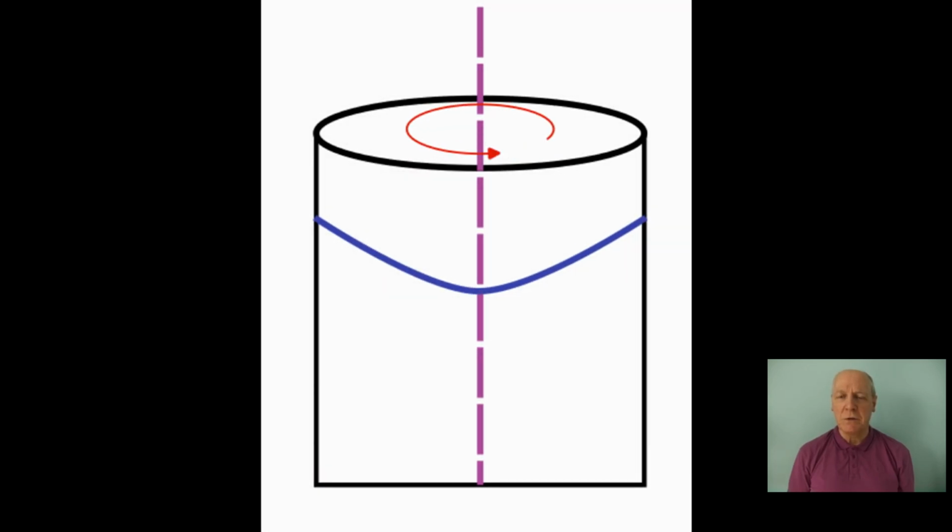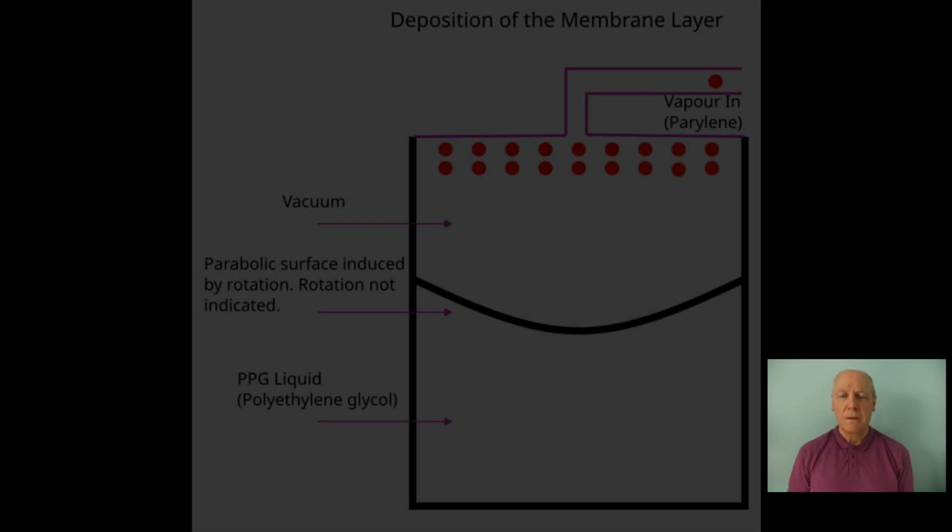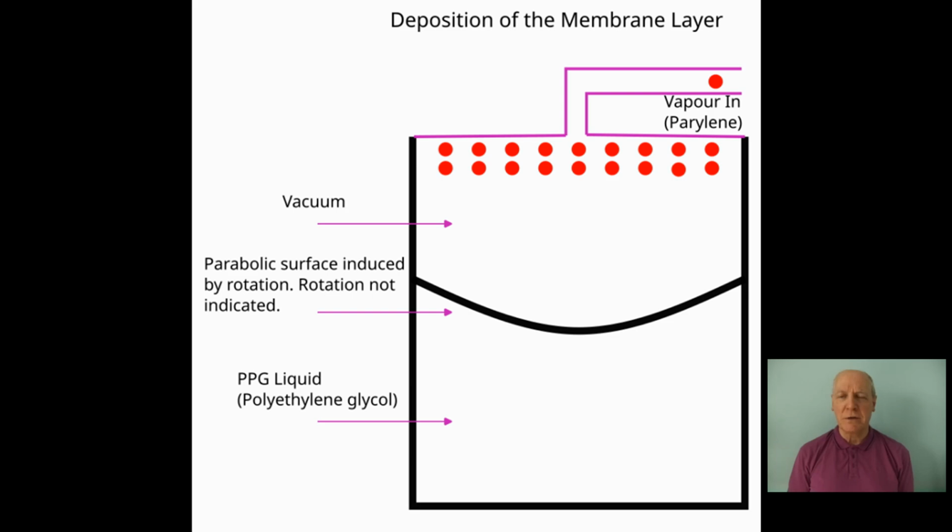So here we have the container, it's spinning, and fairly obviously as you keep up the rotational speed, then the parabolic surface will remain. Now what if you were to introduce a substance into this environment which would sit on the parabolic surface, which would set, and which you could then extract?